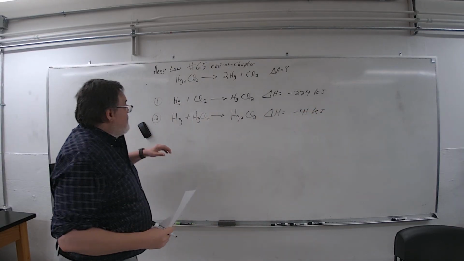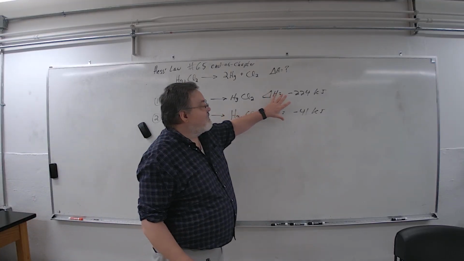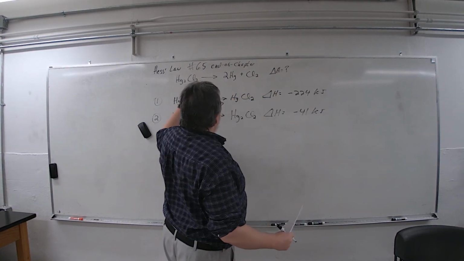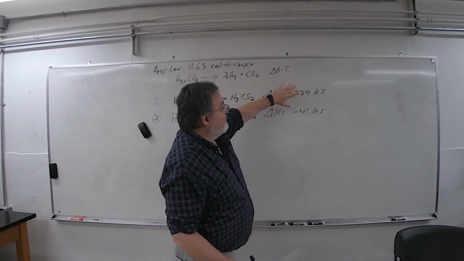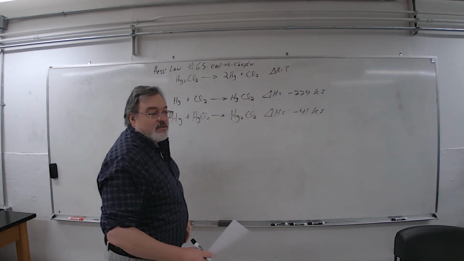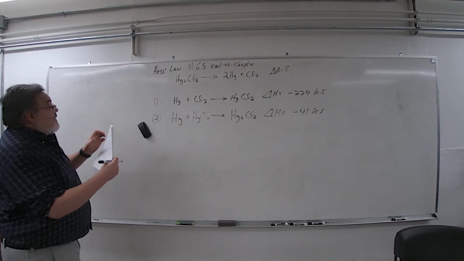The point is, you can take these two equations with known delta H's, manipulate them such that they add up to this equation, and then you manipulate these numbers just the same to get this delta H. So that's the setup. All right, so this is our objective.